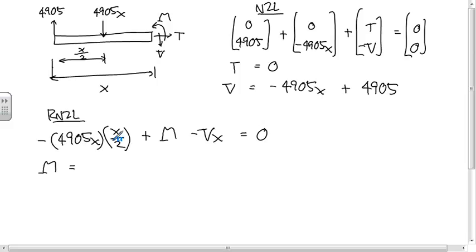So M is equal to positive 2452.5x squared, plus Vx.